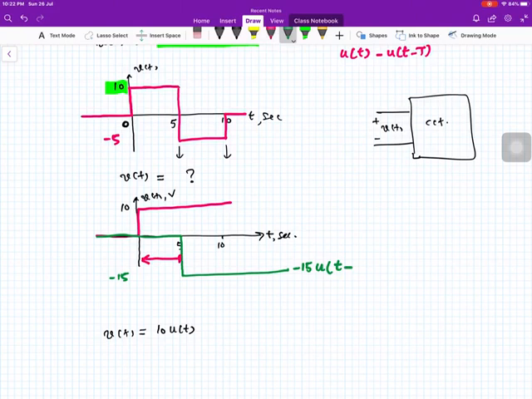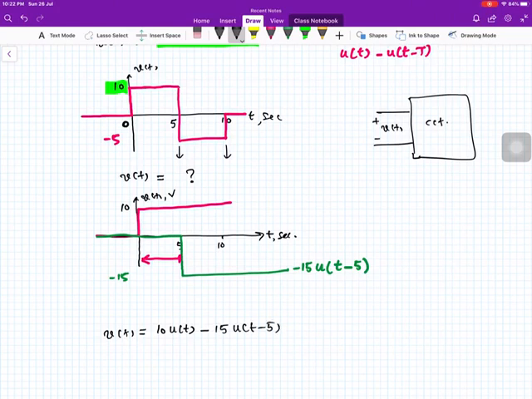So I will show it as t minus 5 over here, and I will write it as minus 15 u(t minus 5).